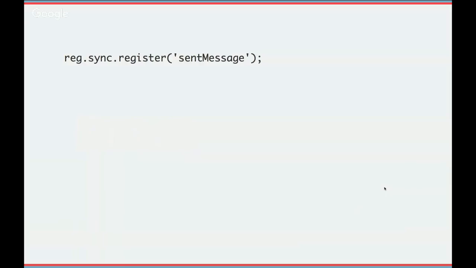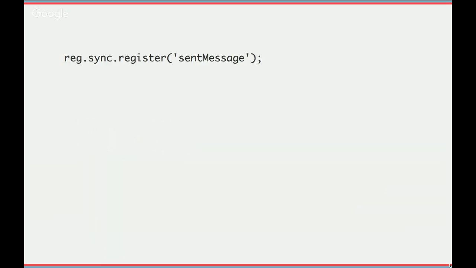So let me just show you the API for that because it's very straightforward. If you have a registration, this is what you get when the promise resolves when you register the service worker. And if you have the sync object on that registration, then you can just call register. As I said, I was trying to use the message example from my SMS app, which for some reason has died.